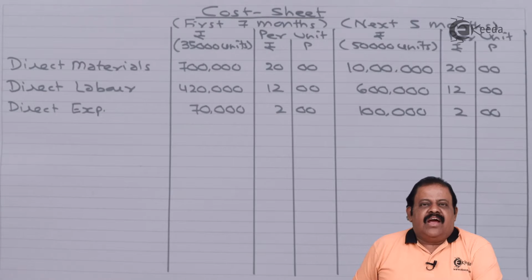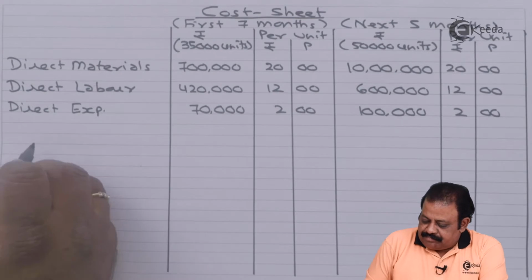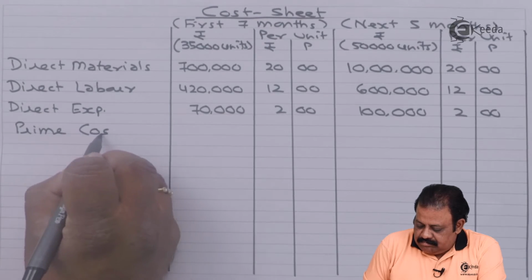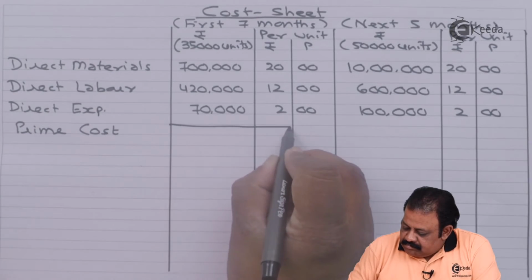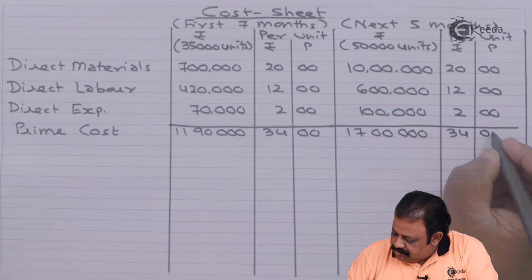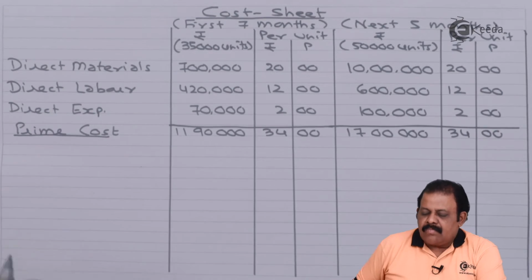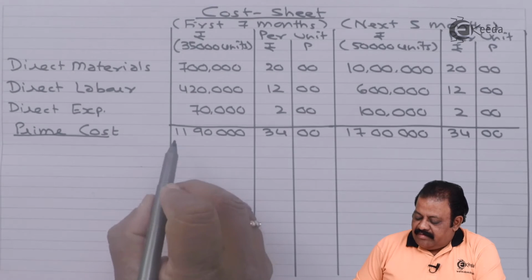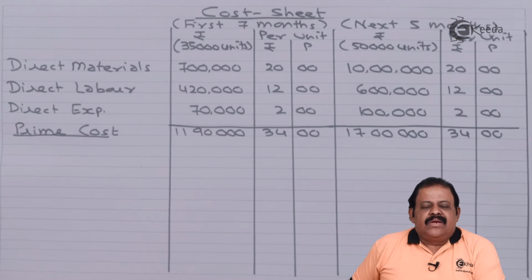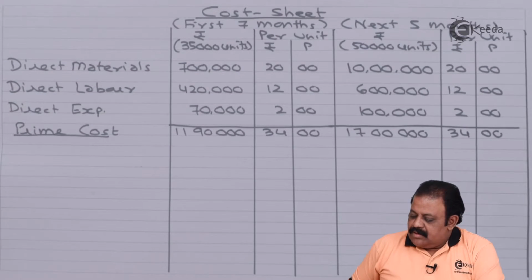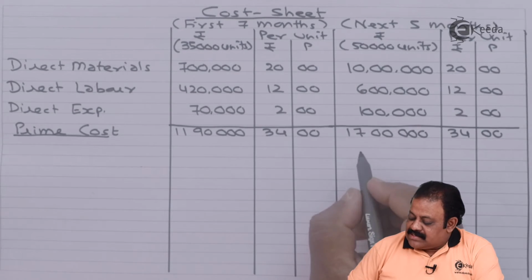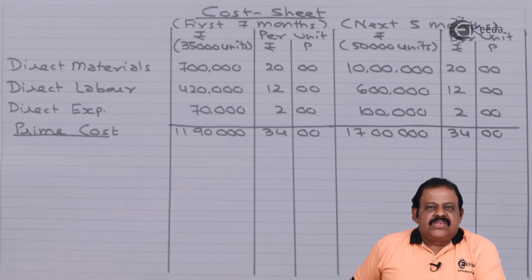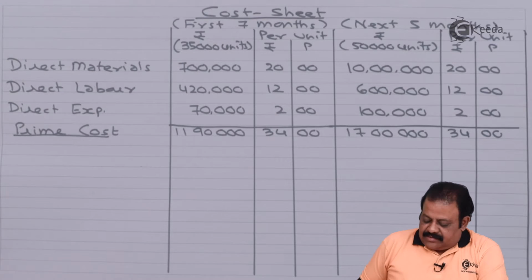We can add all these values to get prime cost. During the first 7 months prime cost is 11,90,000, per unit rupees 34. During the next 5 months prime cost is 17 lakhs, per unit it is rupees 34. To this we are going to add overheads.